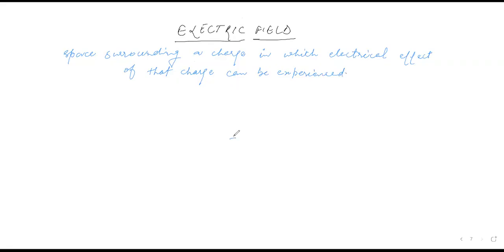Say you have a positive charge like this of Q, and the region or space created by this charged particle is this. Then this space is said to be the field, or electric field, and this charge is said to be the source charge.